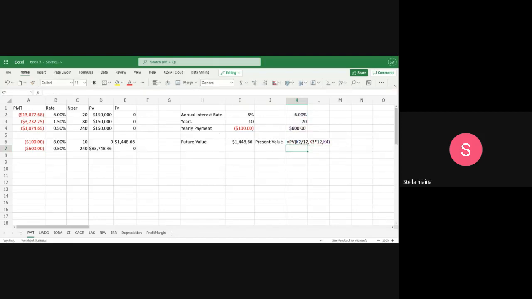Let me increase the width. So that is our annuity value, $83,748.46. That is the cost of our annuity.